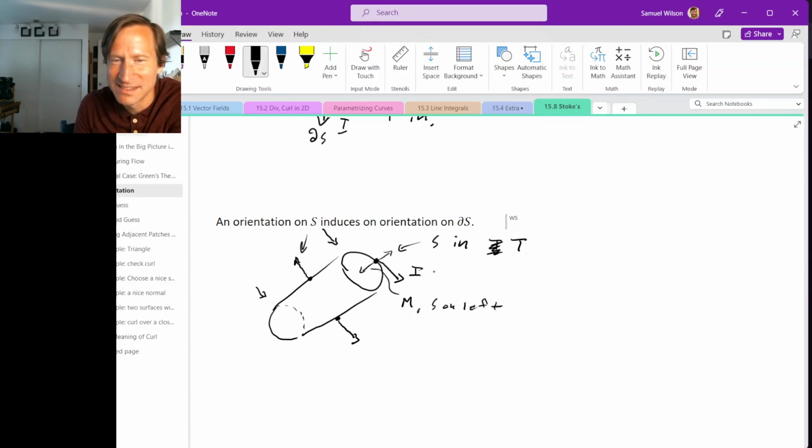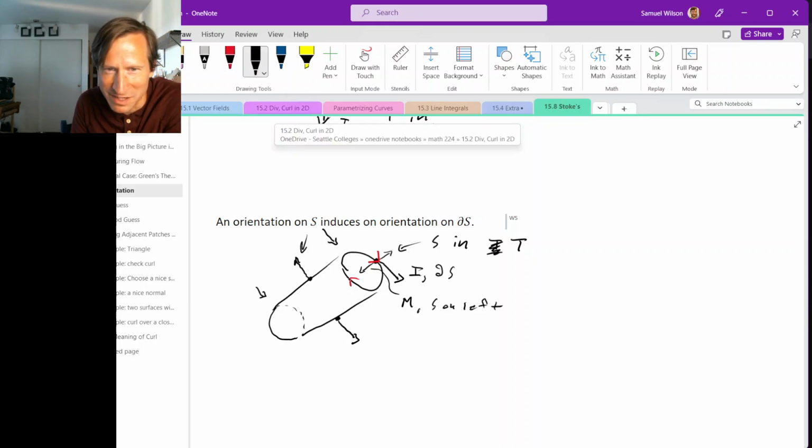So index goes this way, and this is the orientation for the boundary. So this orients this part of the boundary this way.